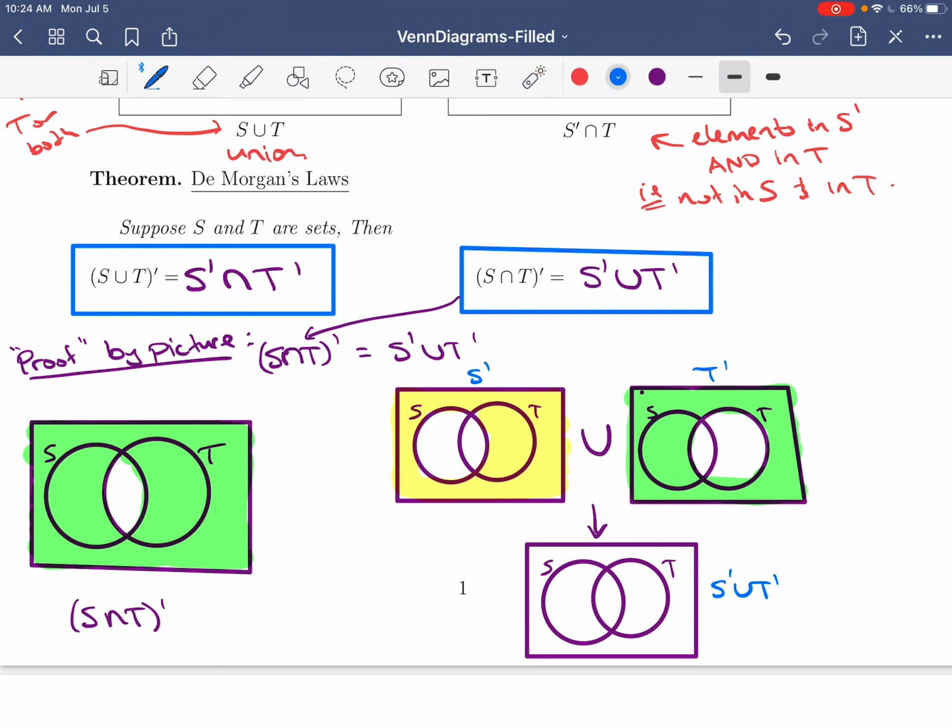So you could, if you want to do it, I'm going to do it in different colors. So I would shade everything in S complement. Okay, but then I also shade everything in T complement.